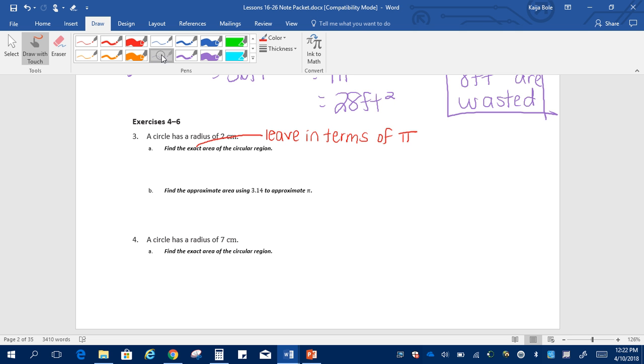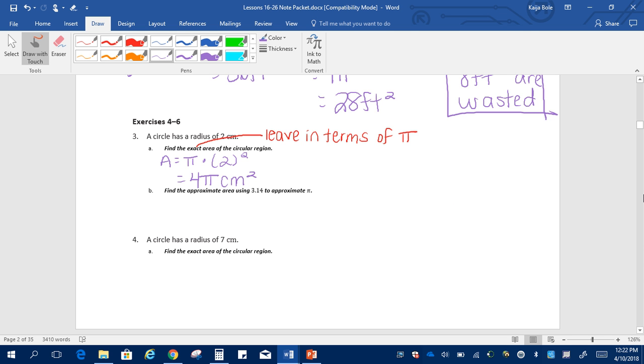So we're going to find the area. A equals pi times r squared, so times 2 squared. 2 squared is 4, so it'd be A equals 4 pi, and this is how we leave it. So it'd be 4 pi centimeters squared. We leave it in terms of pi because that's the most exact answer we can give. If we type that in the calculator even, it will start to round for us.